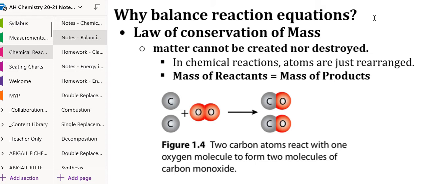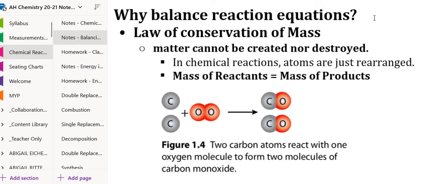And so one way that we show a chemical reaction is balanced is by saying, okay, if we're just rearranging atoms, then the mass of our reactants, the mass of what we start out with, has to be equal to the mass of our product, or the mass of what we end up with. Does that make sense?